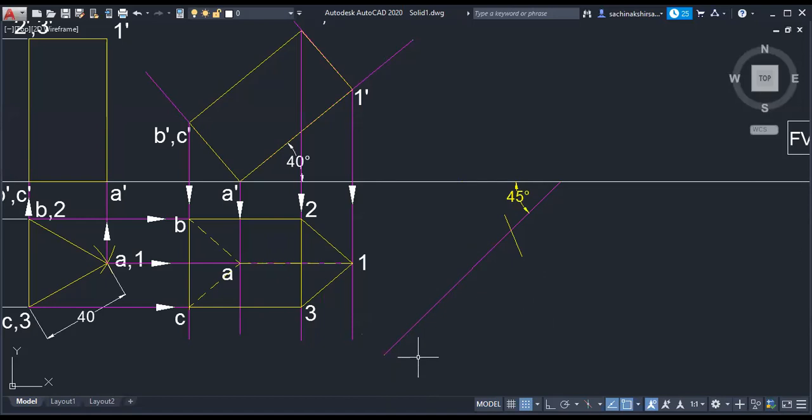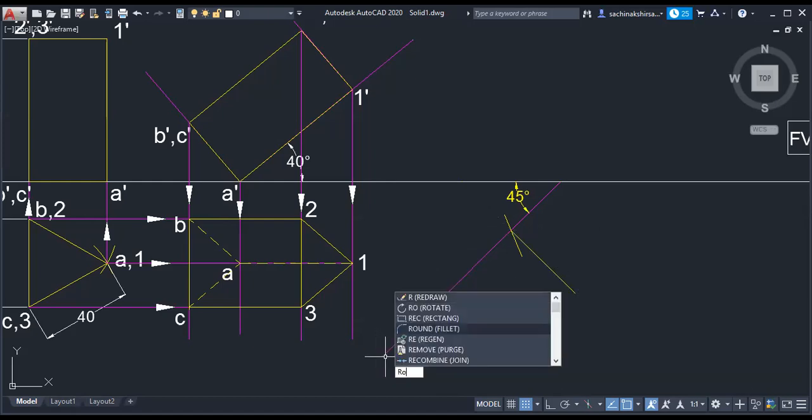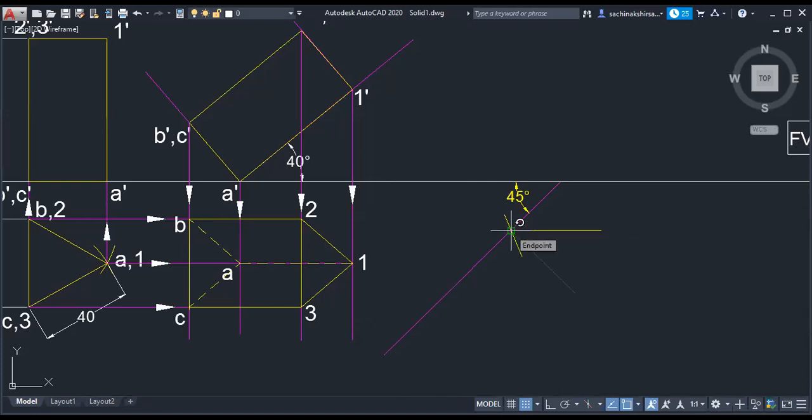Then what is the length of BC? 40. So from here, one line I have drawn, which is equal to BC.